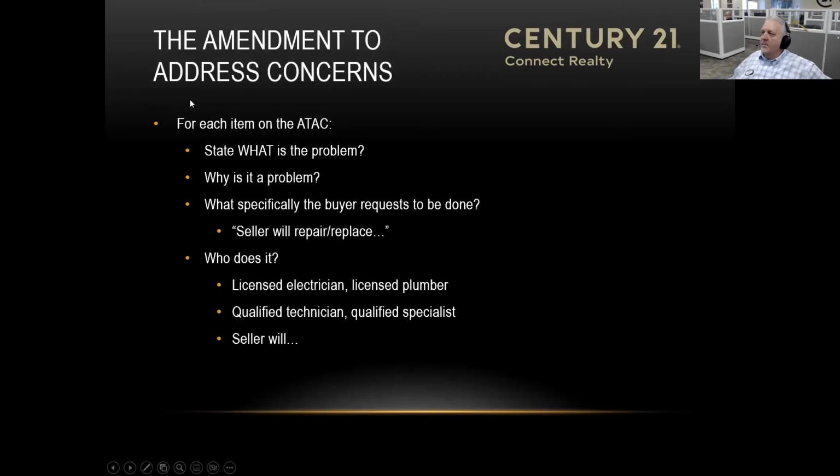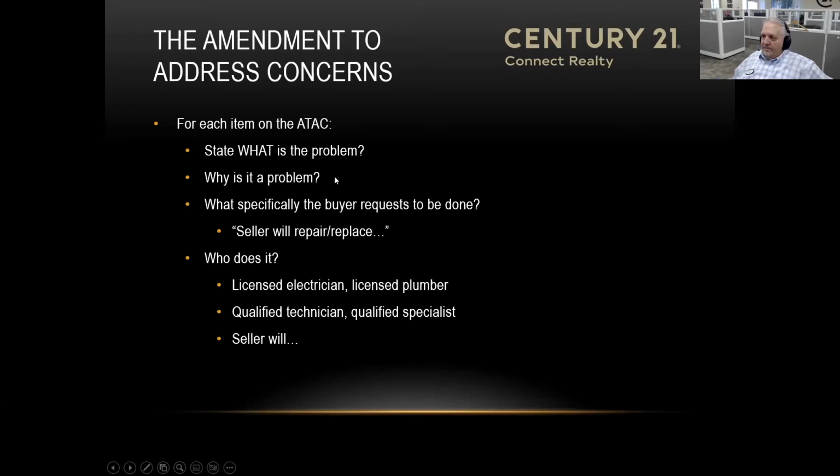For each item that you are going to put on the amendment to address concerns, here's the rule of thumb. It's the typical what, why, where, when, how; answer all the questions. So you want to state what the problem is, and usually that is an easy one to cut and paste from the inspection report.